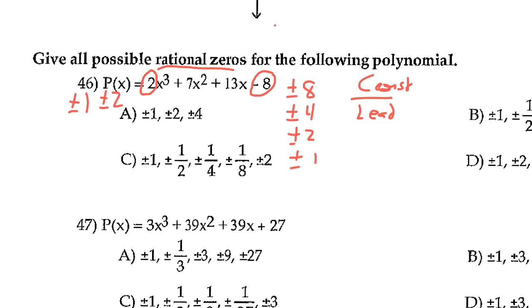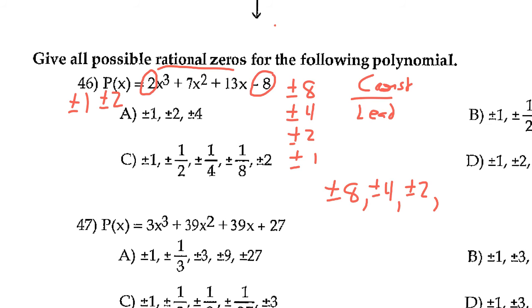So 8 put on top of 1 would give me positive or negative 8 depending on which signs I used. 8 put on top of 2 would give me positive or negative 4. 4 put on top of 1 would give me positive or negative 4, but I already have that. 4 put on top of 2 would give me positive or negative 2. 2 put on top of 1 would give me positive or negative 2. I already have that.